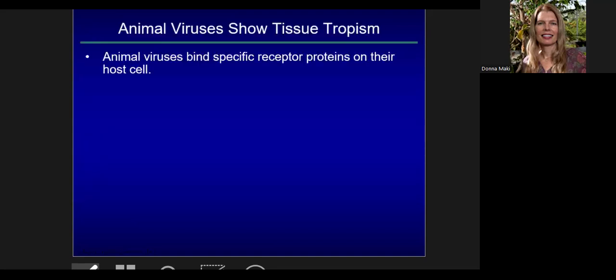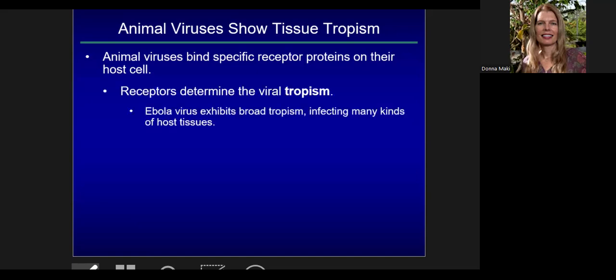But coming back to this idea, especially when you think about animals in general, because they're multicellular, they're complex, they have different tissues and organs, typically. So that goes back to that idea I mentioned last week, that viruses tend to have specificity for what types of tissue or cells they will be able to infect based on the receptor proteins of the host.